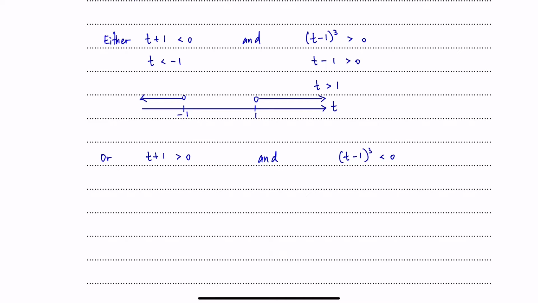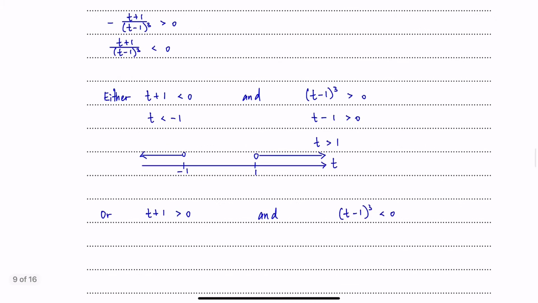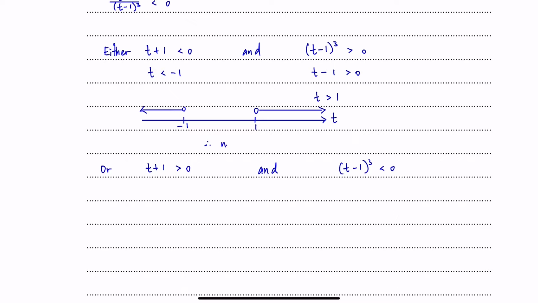And you can see that there is no intersection of both inequalities. And since we need both to be true, we have no solution if we set t plus 1 less than 0 and t minus 1 cubed more than 0.